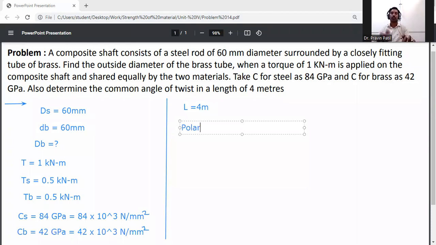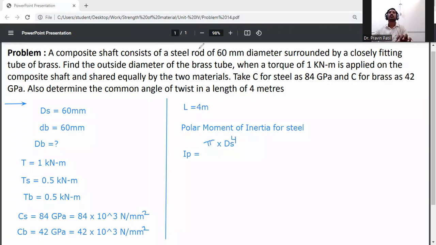First of all, calculate the polar moment of inertia for steel, that is a solid rod. So IP is equal to pi into the diameter of steel, ds, raised to 4 divided by 32.